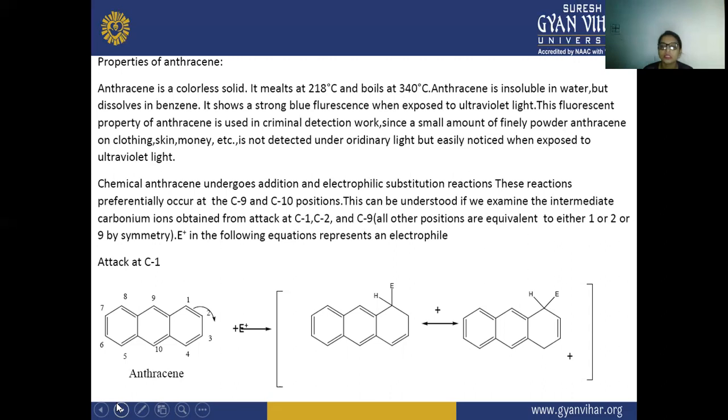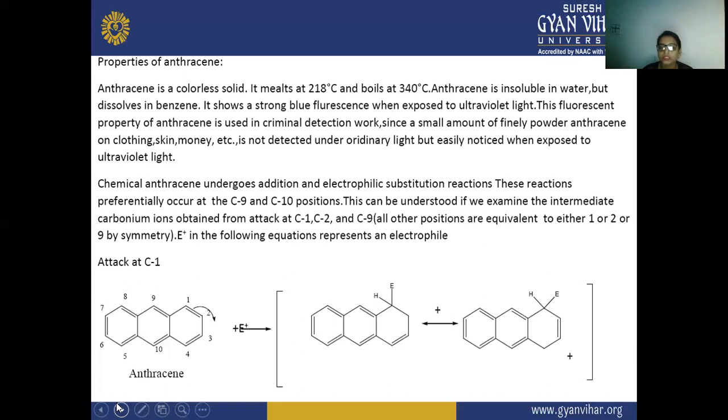So this fluorescent property, a strong blue fluorescence, is a property of anthracene that is used in criminal detection work. If we have to find out a criminal, then anthracene is very useful.